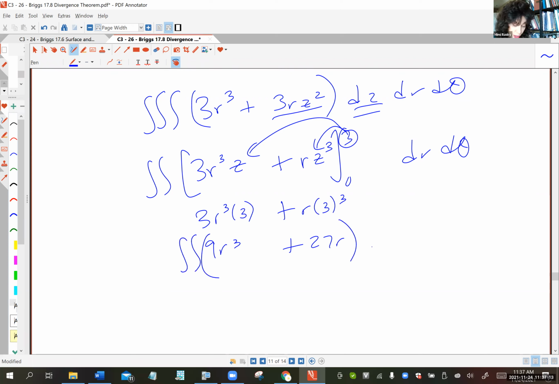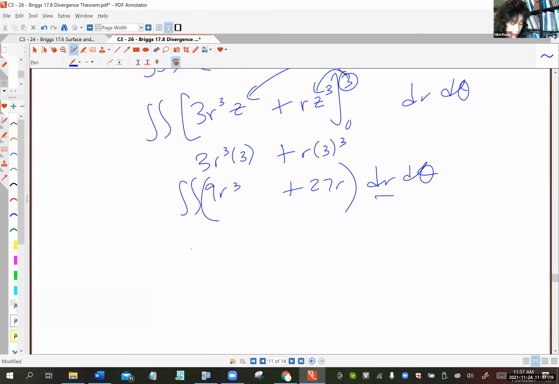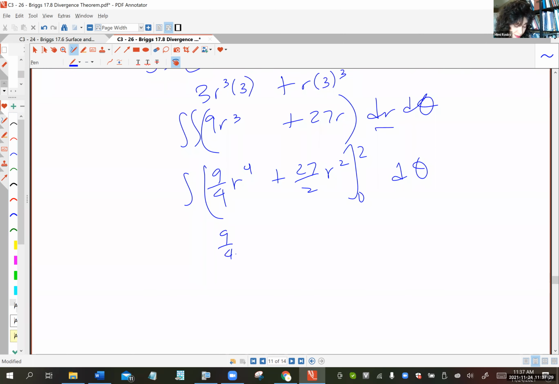So 9r cubed plus 27r is our new integrand, and we're going to integrate that with respect to r. Not too bad. 9/4 r to the 4th plus 27/2 r squared, and r goes between 0 and 2. And the good news is now we're just going to get a constant.